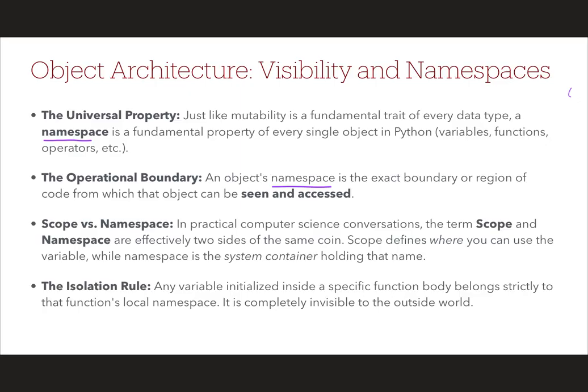This namespace is a certain region, and only within that region can I call that variable. For example, you know my name, so you can call my name here within this class. But if I go outside, nobody knows my name. If I go outside the university, no one knows me, right?